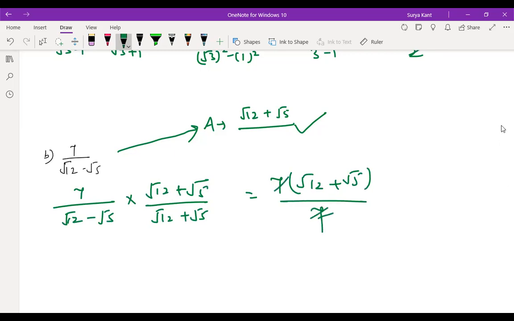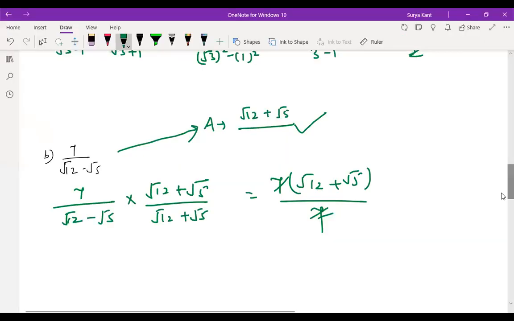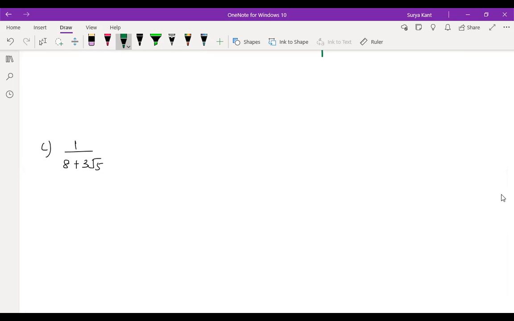Okay, next question is C part of it. The answer to this is 1 by 8 plus 3 root 5. What are you getting for this? Doing, sir.